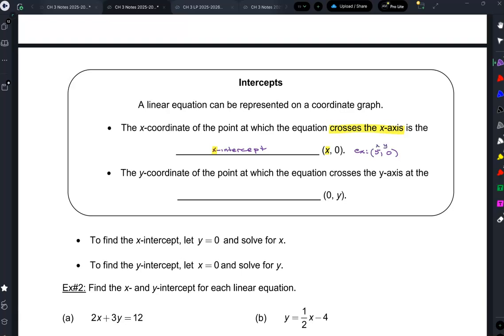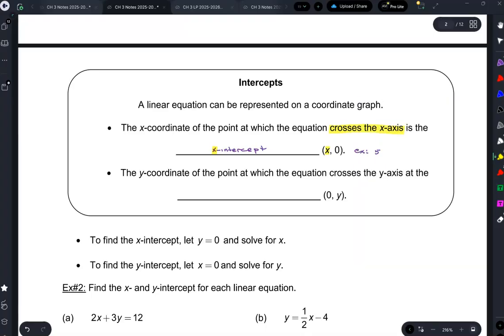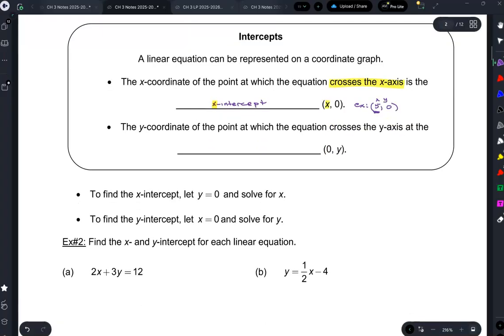If this is a coordinate x, y, the x-intercept has a number and the other one has a 0. The x-coordinate has a number. Okay, so here, the y-coordinate at the point at which the equation crosses the y-axis is the y-intercept.